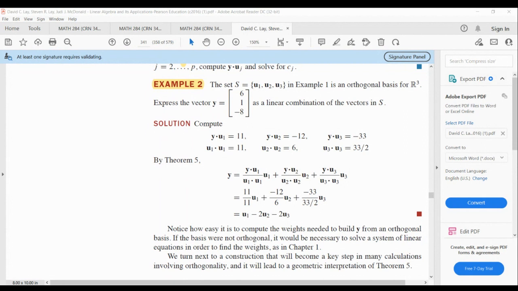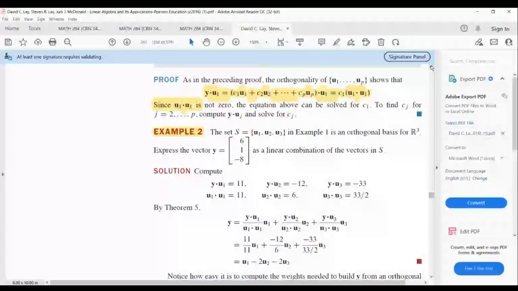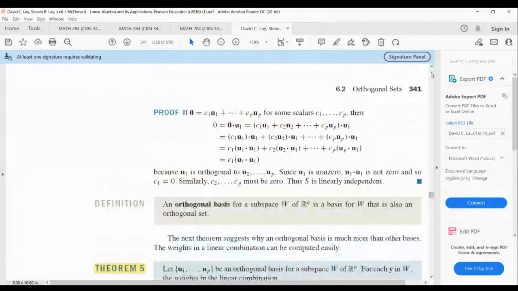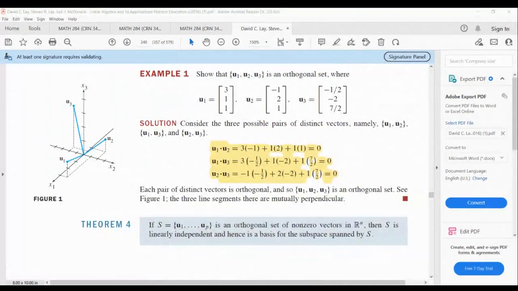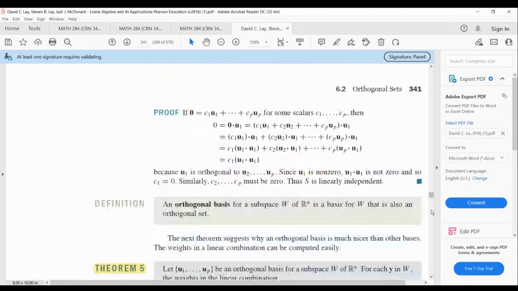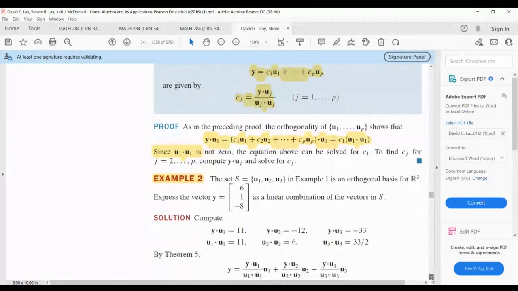Okay, so example one, I have to go up a little bit here. There's example one, those three basis vectors. And so vector y in three-dimensional space is some linear combination of those three basis vectors. And how would you find it?